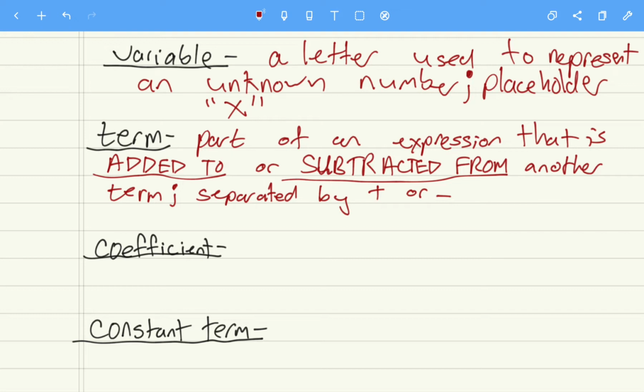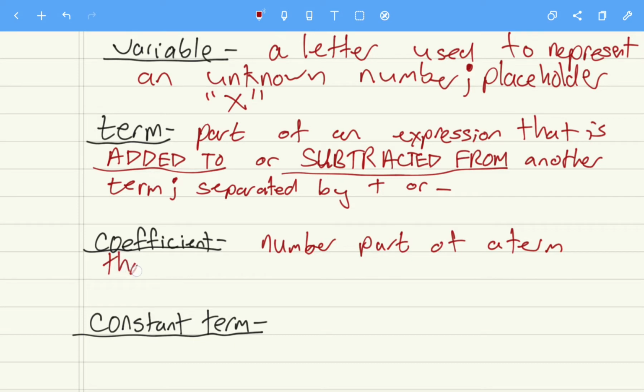Our next term is coefficient. So the coefficient is the number part of a term that also has a variable. So in the term 4x squared, the number 4 is going to be our coefficient.